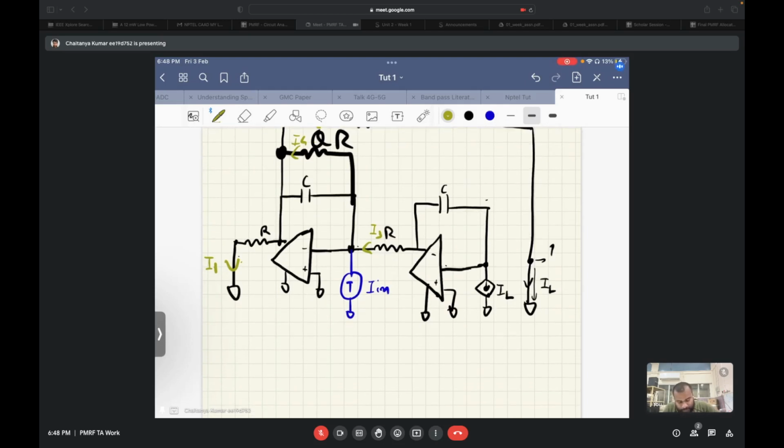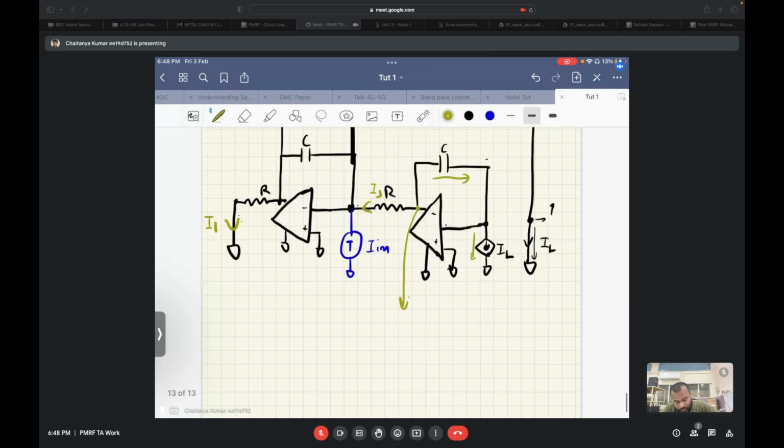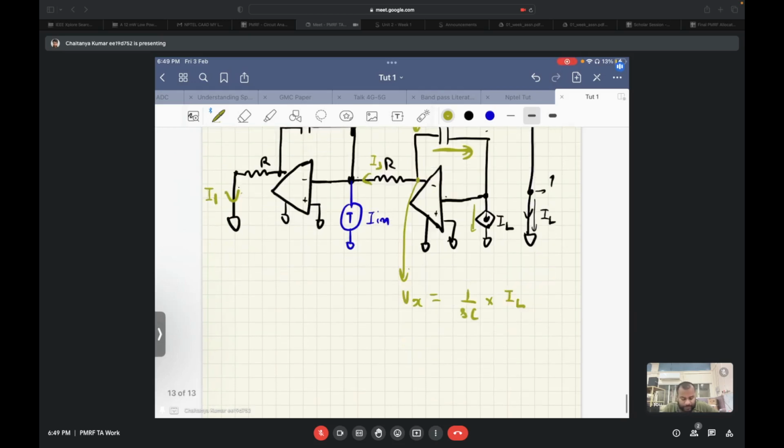Now this IL current over here will flow directly through this capacitor, and the voltage developed at this node, let's call this Vx, is equal to the impedance, that is 1 by SC, into IL. Why 1 by SC into IL? Because IL is flowing in this direction, so this voltage will be at a higher potential.